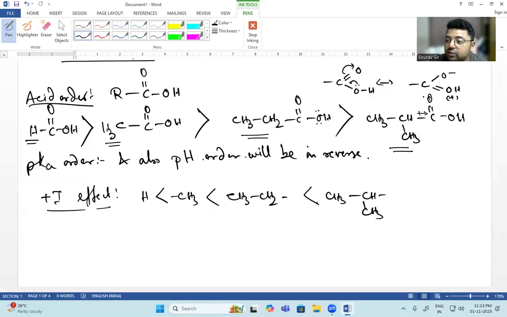But if the need of the carbon to take electrons from the oxygen and undergo resonance is over because of the plus I effect of the isopropyl group, the isopropyl group is giving electron with the help of plus I effect, and a sufficient amount of electron is being gathered by the carbon because of the isopropyl group.